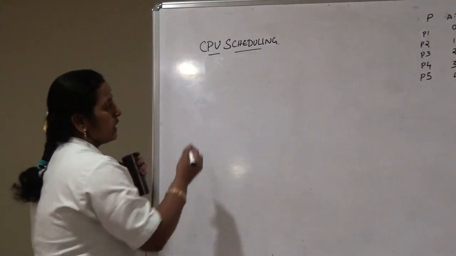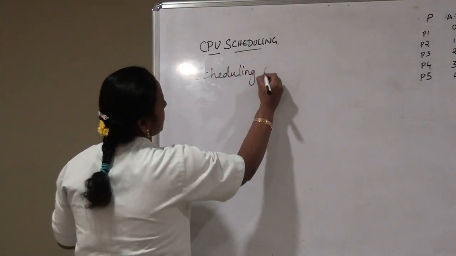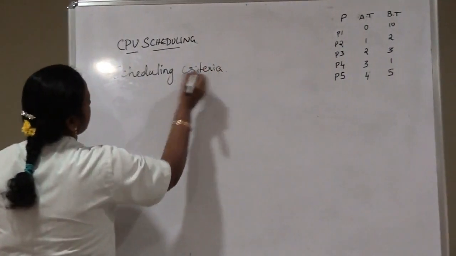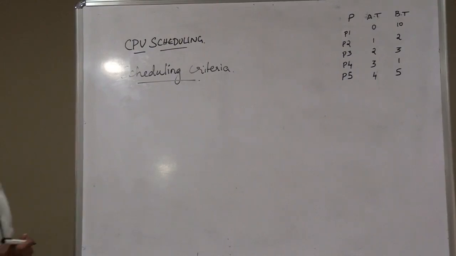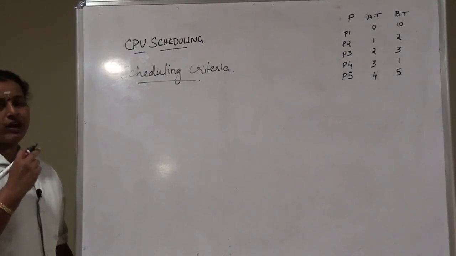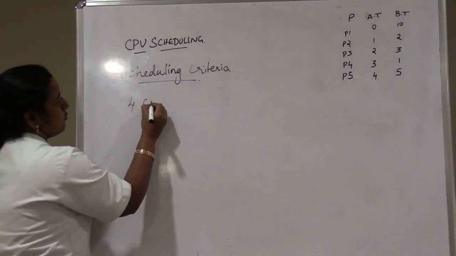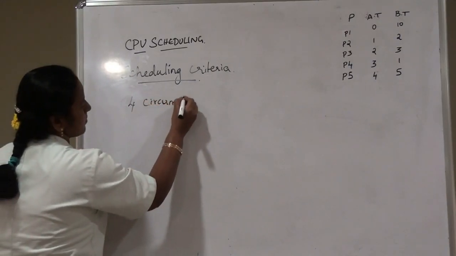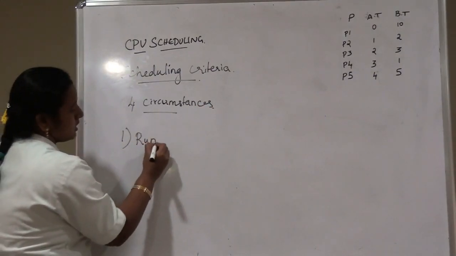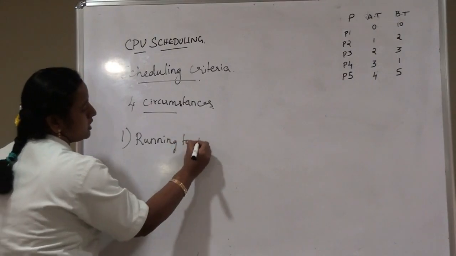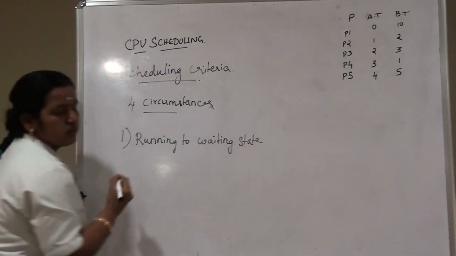Next we'll go for scheduling criteria. Normally, as I told, a process transfers from one state to another state. Here the process transfers in 4 circumstances. First, it switches from running to waiting state.